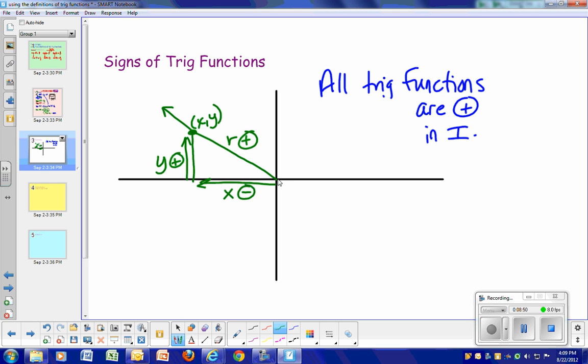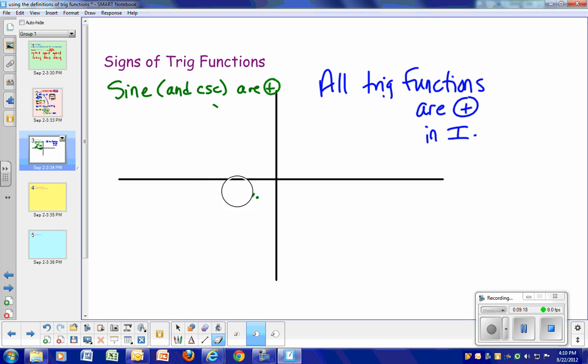Anything that involves an x now is going to be negative. So which trig functions involve an x? Well, 4 of them do, everything except for sine and cosecant. So in quadrant 2, sine and its reciprocal cosecant are positive, and all the other ones are going to be negative. I'm going to take that picture out because, like I said, I think it's going to be a little bit cluttered.